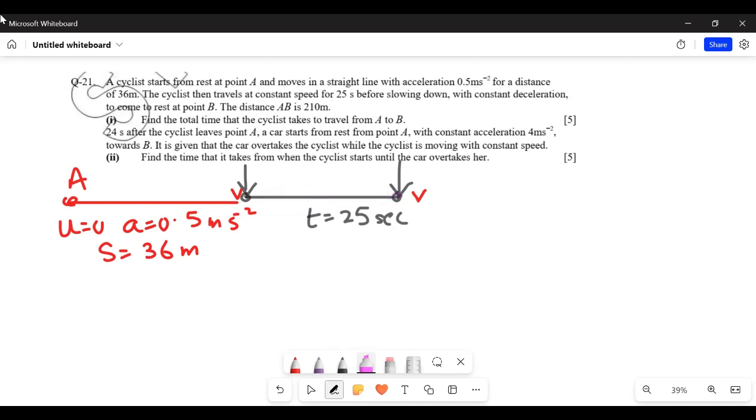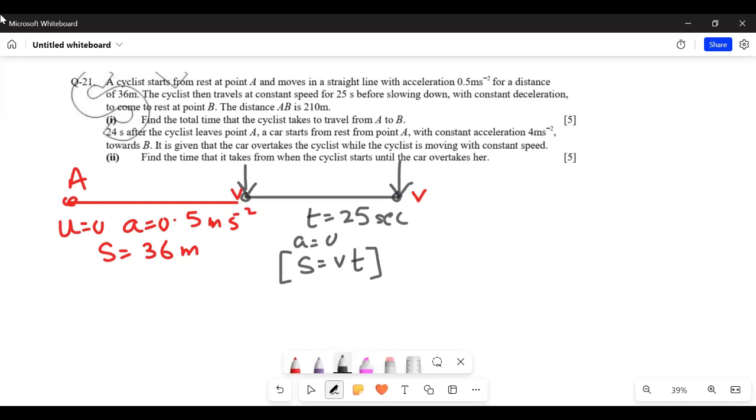Okay, so I'm writing it down here as a reminder. So since acceleration is 0, constant speed, you can use S is equals to VT. Now S is the distance, V is the velocity or the speed. Okay, so that's what we know about the second part of the journey.